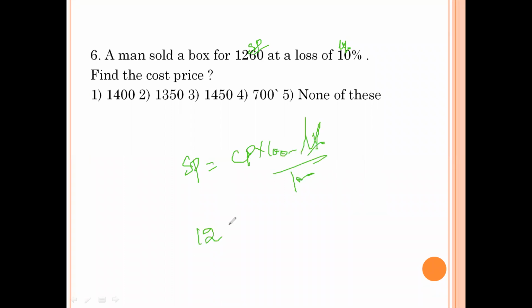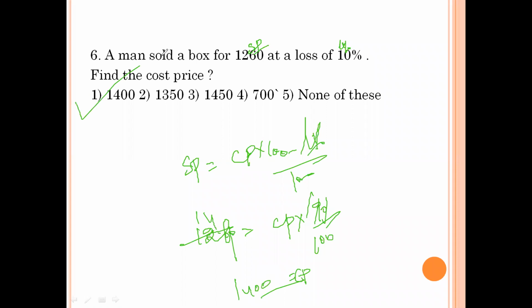So 1,260 equals cost price into 90 by 100. The zeros get cancelled. Solving, 14 into 100, 1400. So the cost price is 1400. Option number 1 is the right answer.